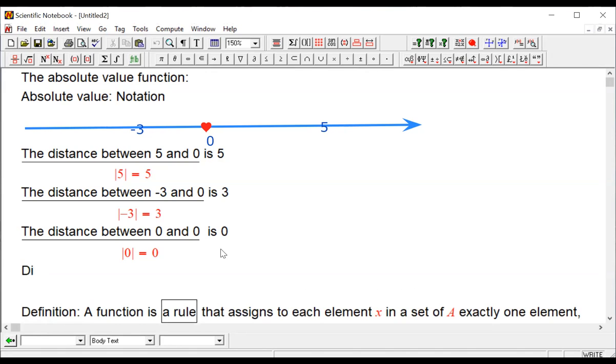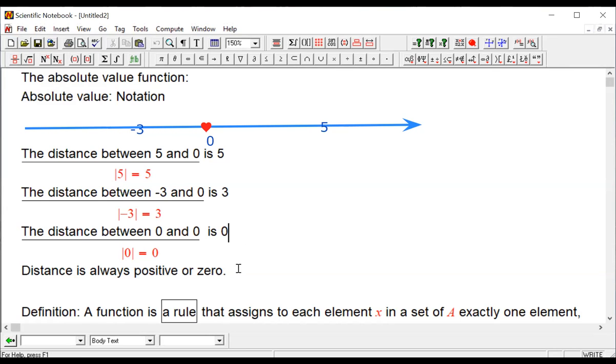So as we can see, the absolute value of any number is either 0 or positive. Distance is always positive or 0. You cannot say distance is always positive because it can be 0.